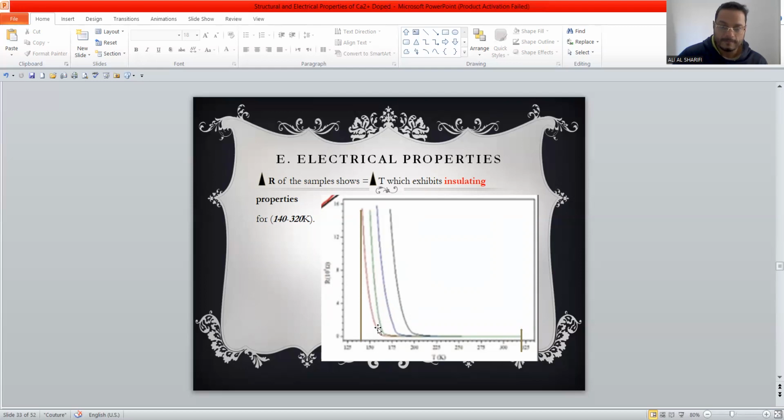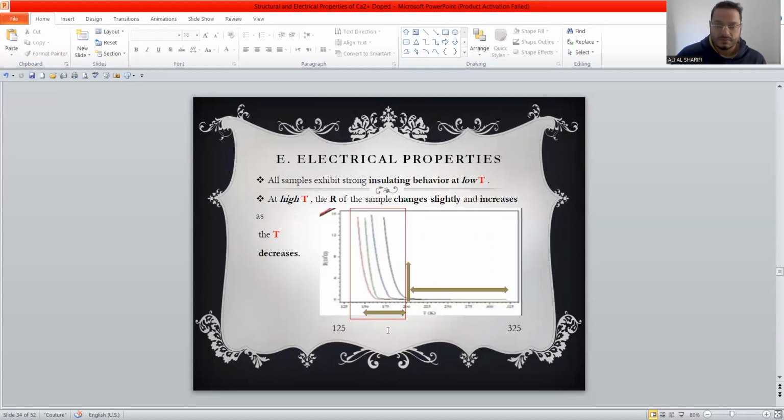Here, the temperature started from 125 until 325. The numbers are not clear. Let me use that. Yes, I wrote that, 325 to 125.